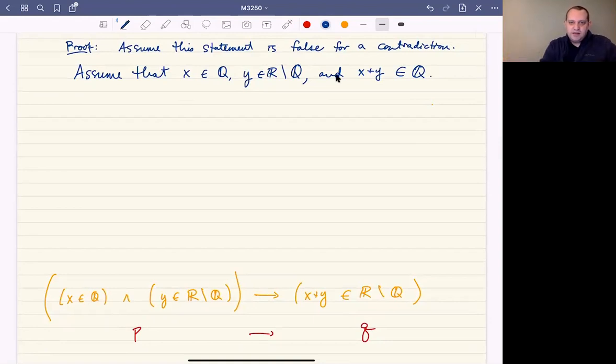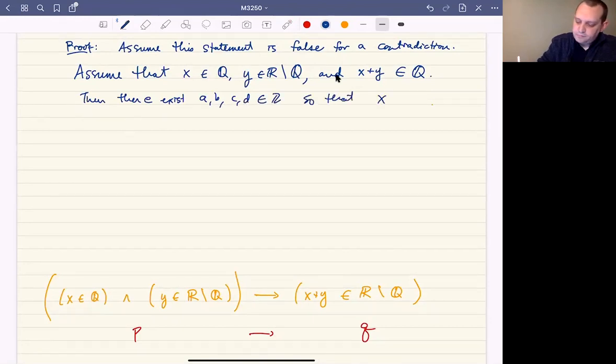So that's what we're going to do. And now we have to find some contradiction. The contradiction is that, well, if x and x plus y are both rational, then there exist integers a, b, c, and d, so that x is a over b and x plus y is c over d, where b and d are non-zero.